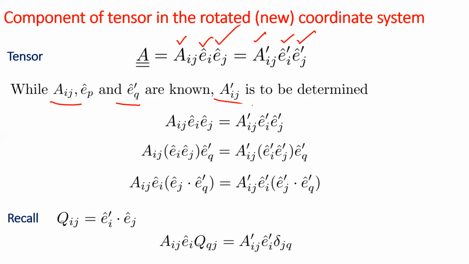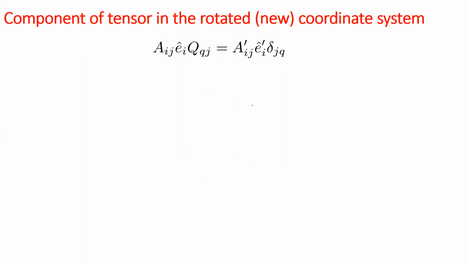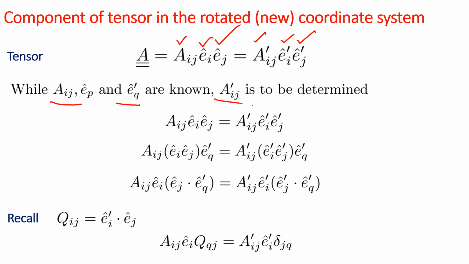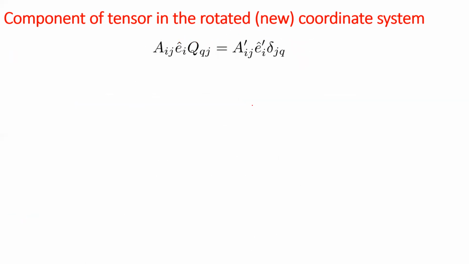The right hand side survives only when j becomes q. So this is the last expression that we had in the previous slide, and I'm writing the same thing again. I've interchanged the left and the right hand side, and I've got rid of the Kronecker delta by eliminating the zero terms. So I'm left with Aiq ei prime.